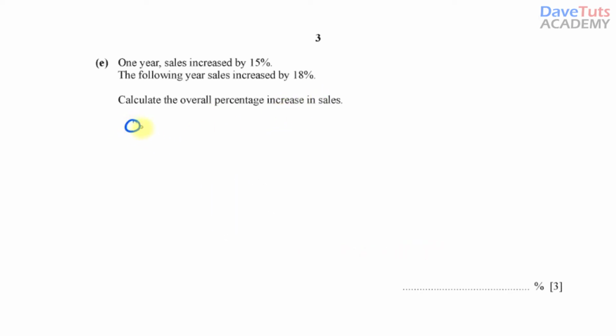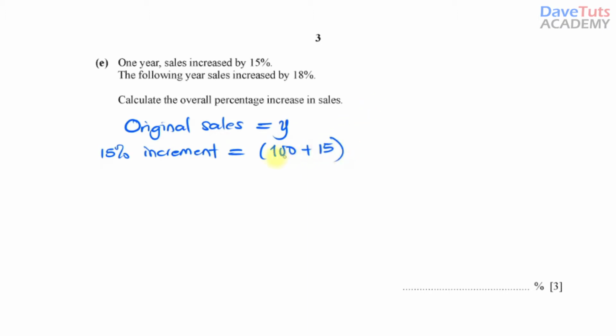So if we peg the original sales as, let's say, x, then in the first year, the 15% increment means that originally it is 100%. With the 15%, we need to add 15 to it over 100 of x. So this is nothing but 115 over 100 of x, which is nothing but 1.15x after the first year.